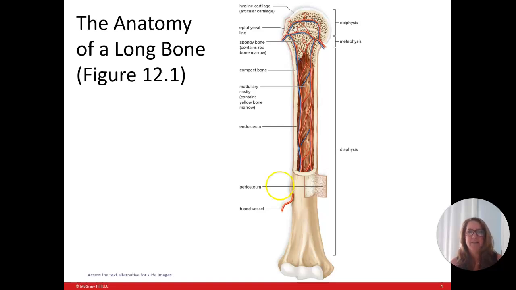Okay. At the very end of our bone, we have the epiphysis. Okay, this is actually showing us what is likely the humerus bone, so that is your upper arm bone. And essentially you have the very end. So the epiphysis is the very end of the bone. In this particular case, it's rounded because it goes into a ball and socket joint.